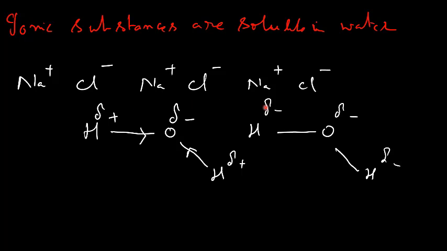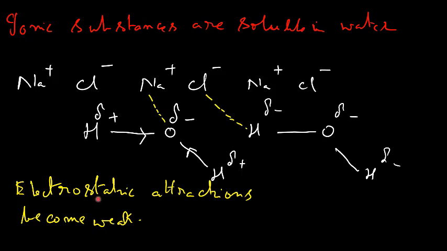When an ionic substance is kept in water, new forces develop. The positive ion is attracted towards the partial negative charge, and the anion is attracted towards the partial positive charge. Because of this, the electrostatic attractions in the ionic substance become weak.